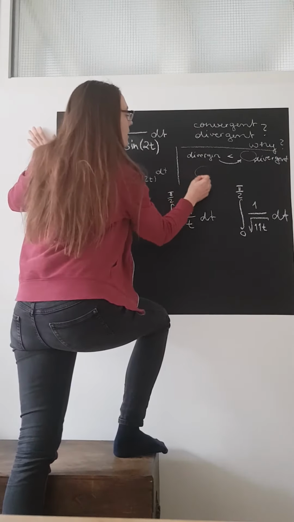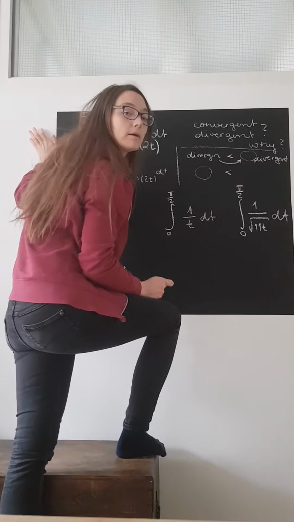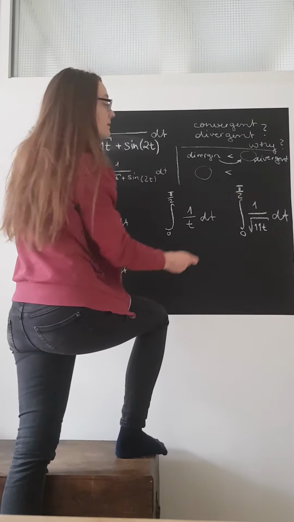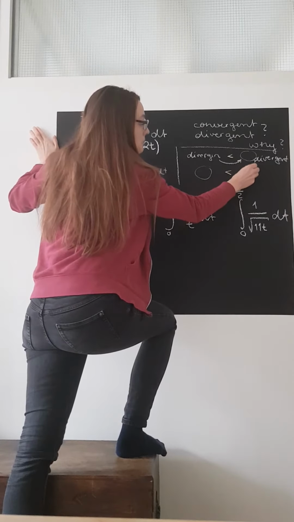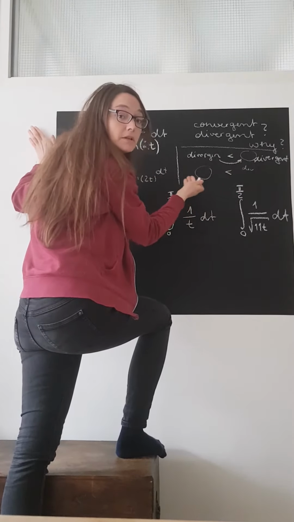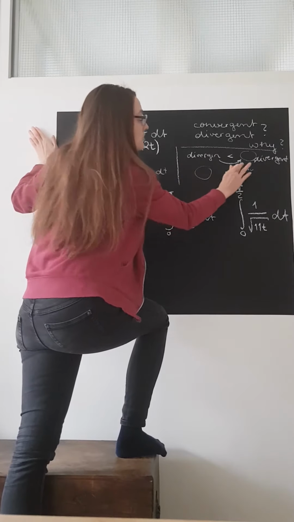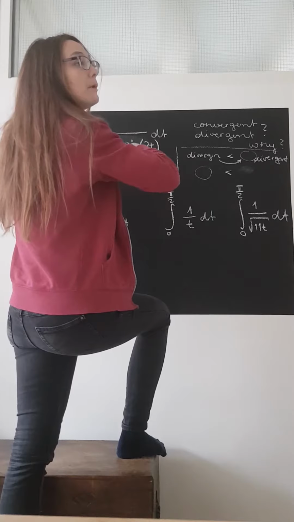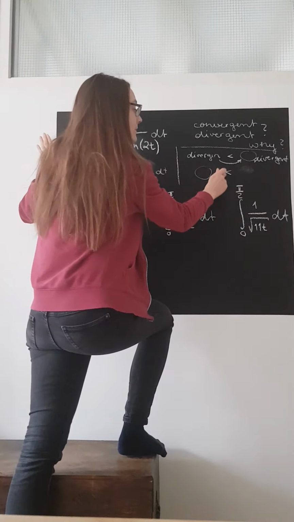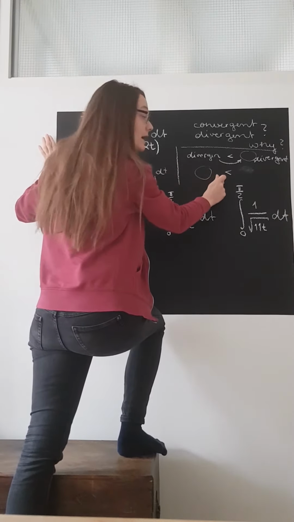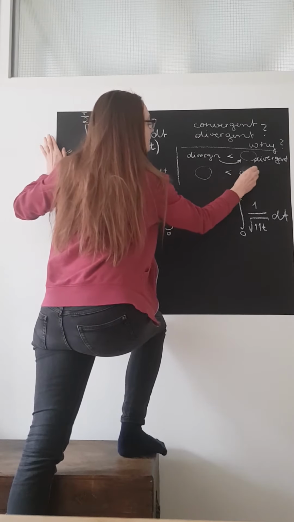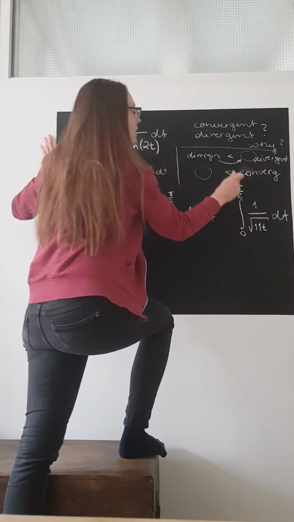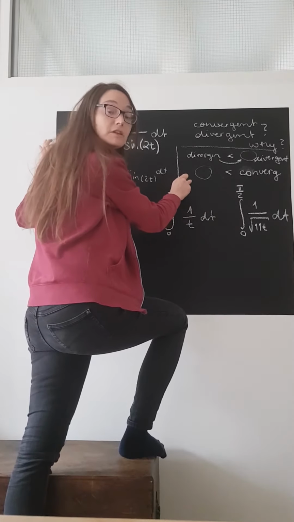If I'm smaller than my friend, and I know my friend doesn't fit the pants, it doesn't tell me whether or not I will fit in the pants. So no conclusion. But if I know that my friend who is much bigger than me can fit into the pants, so that is convergent, then for sure I can fit into the same pants.